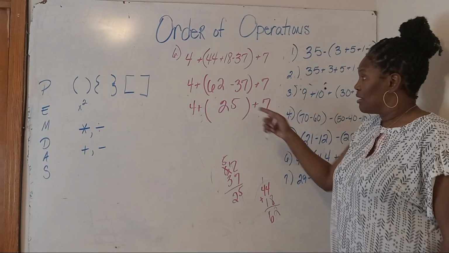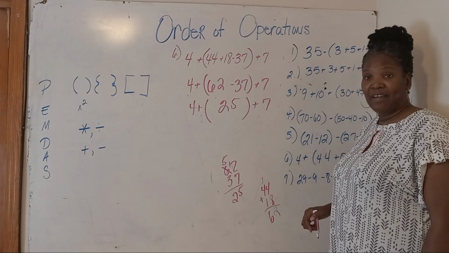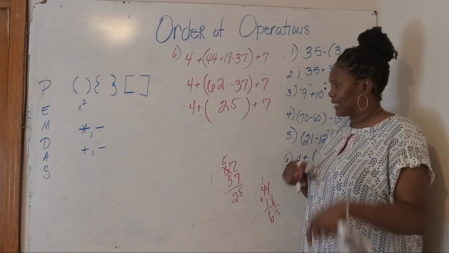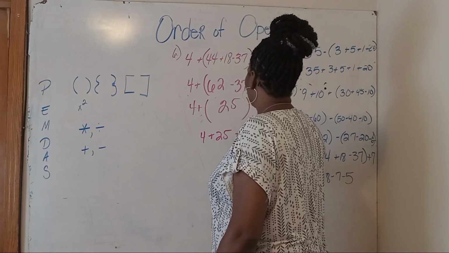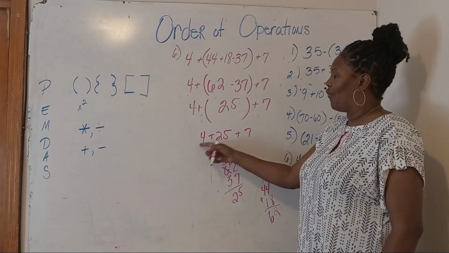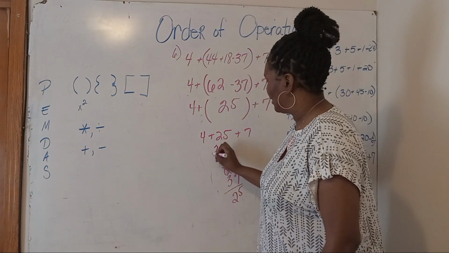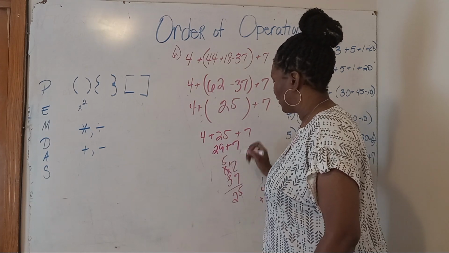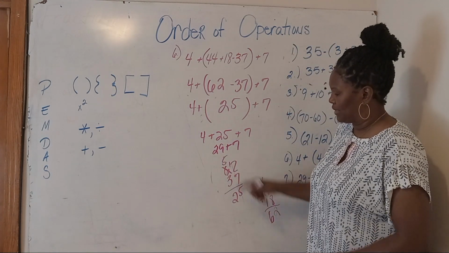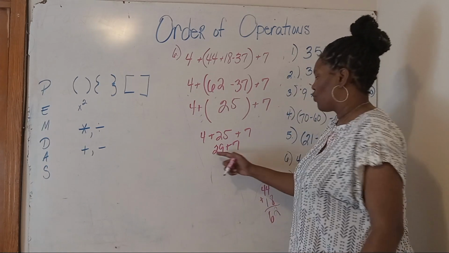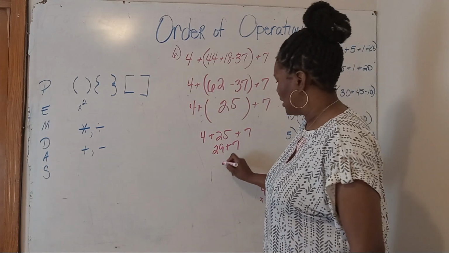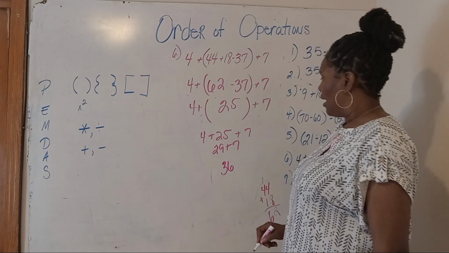All right. 25 is the only thing left in that parenthesis, so I can take it out. So I got 4 plus 25 plus 7. So 4 plus 25 is 29 plus 7. Now, my scratch work is too close, so I'm going to erase my scratch work. 29 plus 7 is 36.